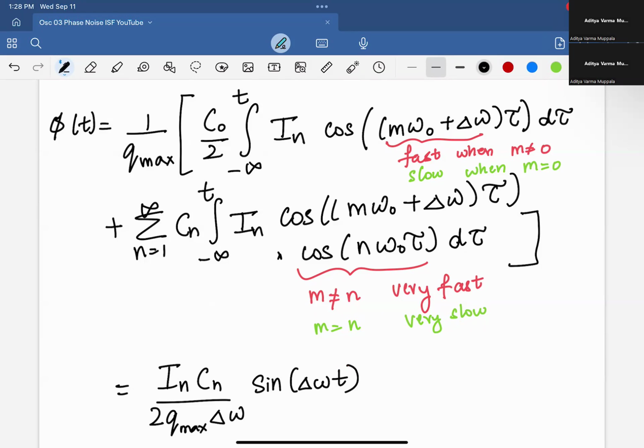Because essentially we had an integral, let me write on the side. This whole thing basically boils down to an integral of cosine of delta omega times tau. And that of course is sine of delta omega tau over delta omega. And that's what we ended up with here.